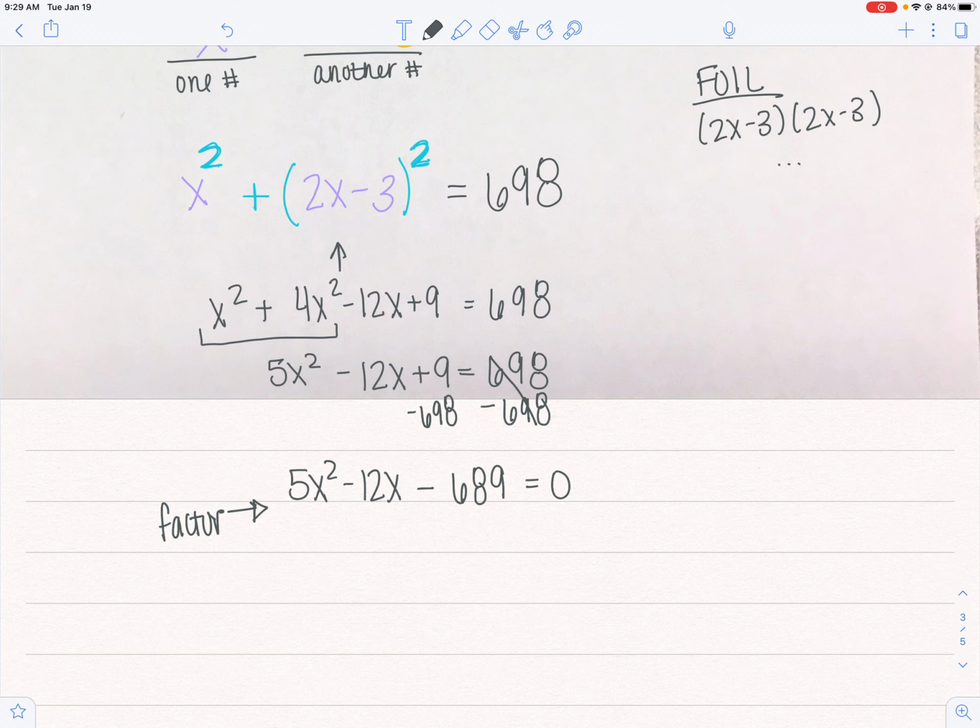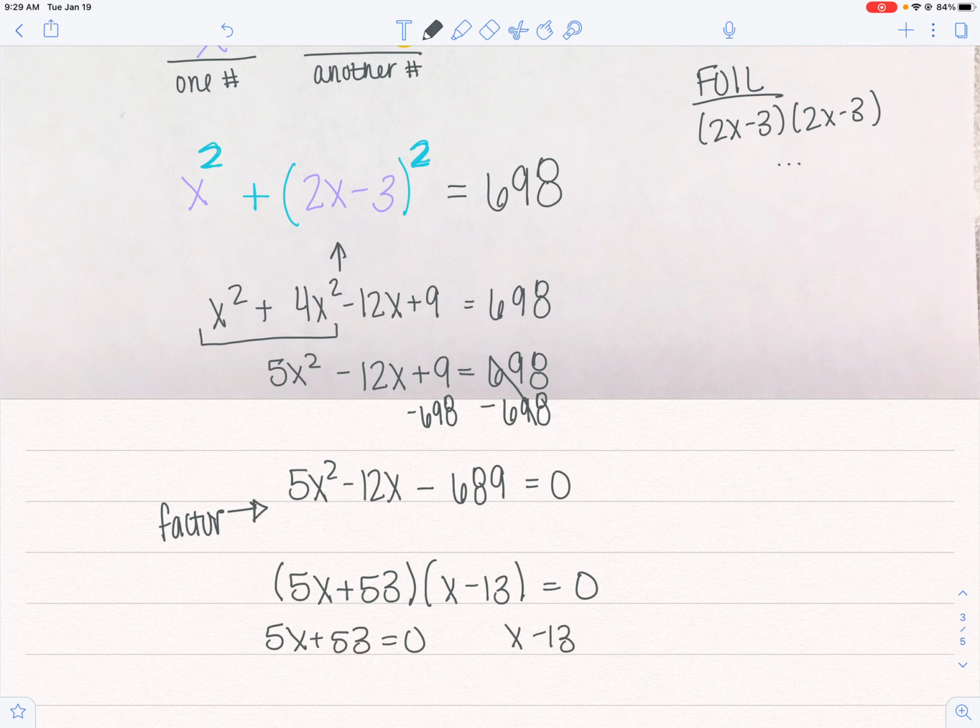I know the numbers are really big, which is why this is a bonus. And so I'm telling you, once you factor it, you will have 5x plus 53 and x minus 13 will be your factored form. You'll set each piece equal to 0 and get x equals 13 when you solve that one, and x equals negative 53 over 5 when you solve that one.